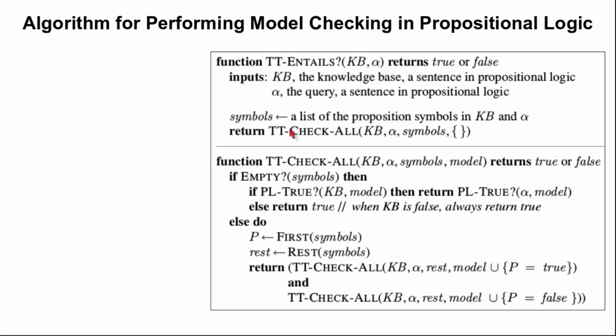And after that we call this function check all, and to check all we send the knowledge base, the sentence alpha, the list of symbols that we created, and an empty set. This empty set represents the model. So right now our model is empty.